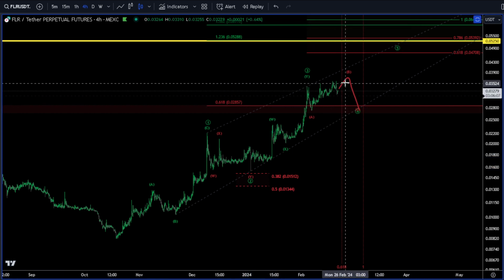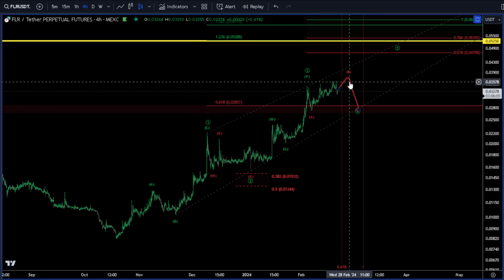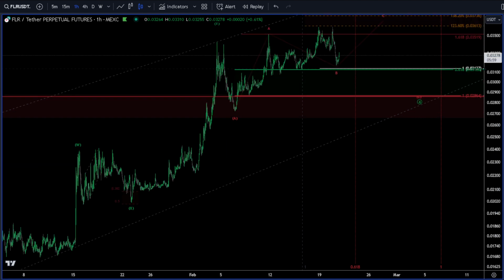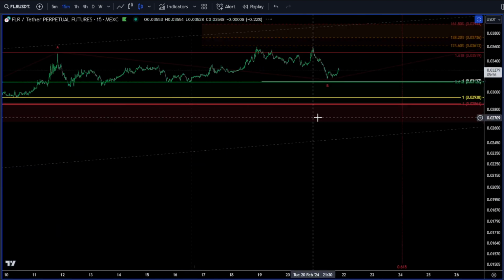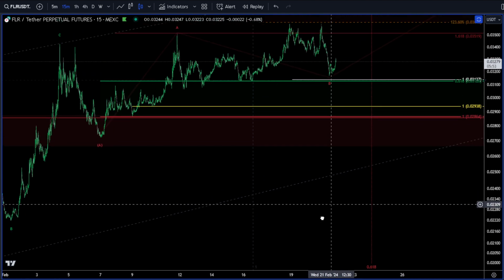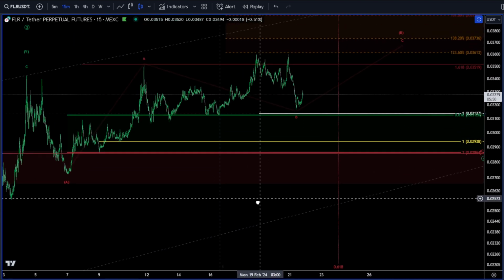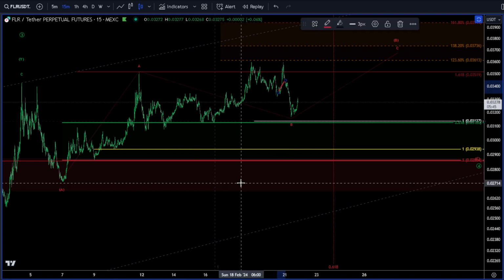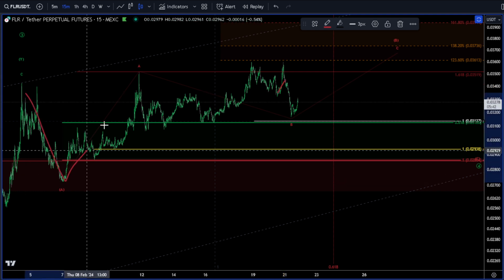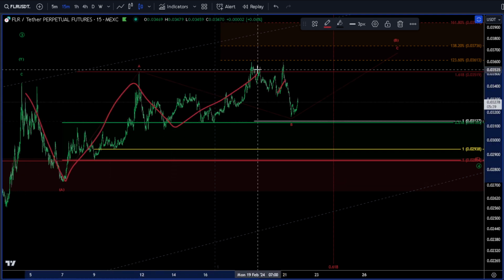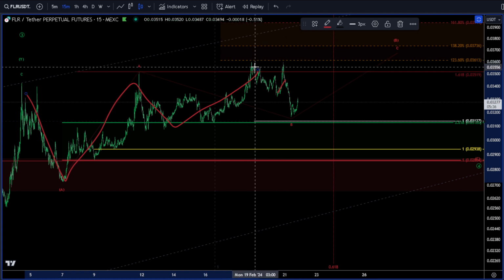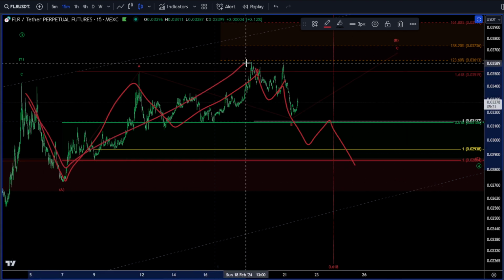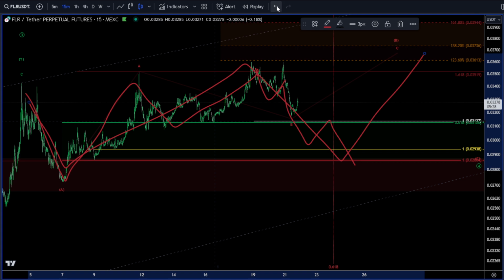Now we're going to zoom into this area and talk about what we talked about yesterday and the path that's most likely at this point. Go down to the 15-minute. Now yesterday we were in this area here, and we talked about the fact that this was potentially a B wave complete or an X wave complete, and we could come down in 5 here to make our 1-to-1 extension of this A wave off the B for our C, and then we'd look for that 5th wave to the upside.